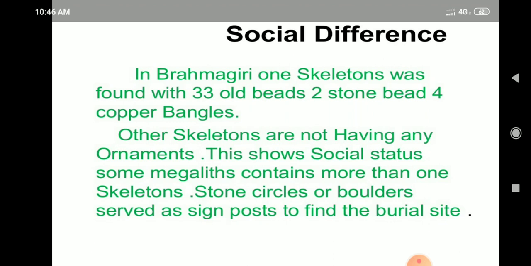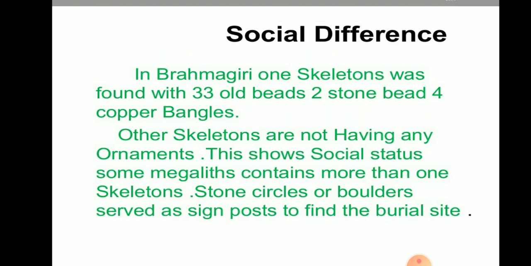Then we are able to know about social differences with the help of evidence available from the burial site. In Brahmagiri, one skeleton was found with 33 gold beads, 2 stone beads, and 4 copper bangles. Other skeletons do not have any ornaments, and this shows social status. Megaliths may contain more than one skeleton.